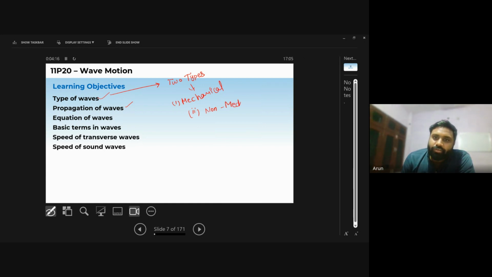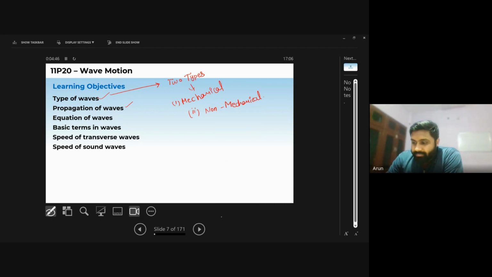Okay. So what is the key difference between them? In mechanical wave, those waves travel with the help of a medium. So those waves need a medium to travel from one place to another. In non-mechanical wave, these waves do not require any medium to travel, and these waves are actually the electromagnetic waves. Okay.